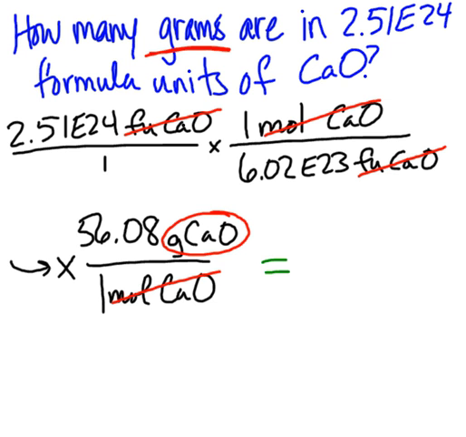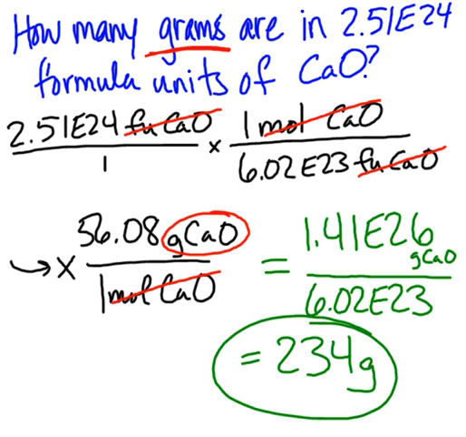So I do my math, and my final answer is I multiply across 2.51 times 10 to the 24th times 56.08 to get 1.41 e to the 26th grams of CaO. I divide that by 6.02 times 10 to the 23rd, and I end up with 234 grams. Make sure I maintain my sig figs throughout.